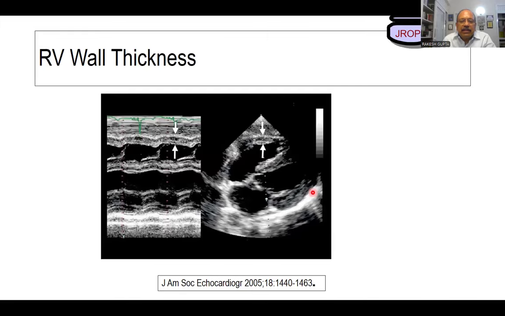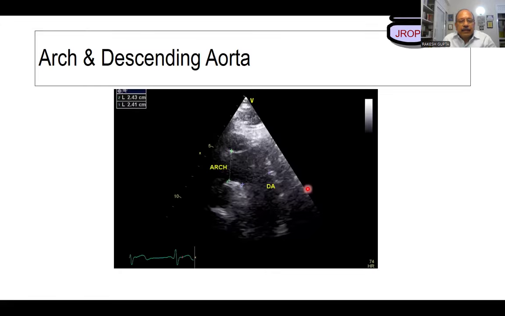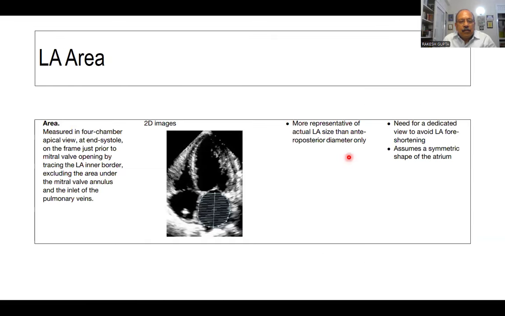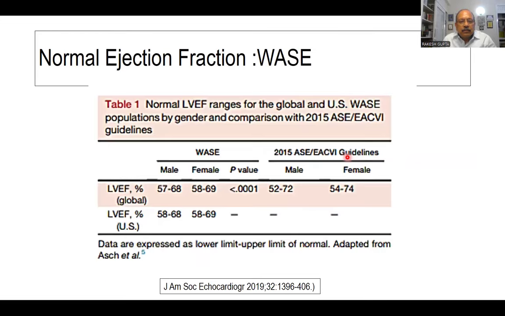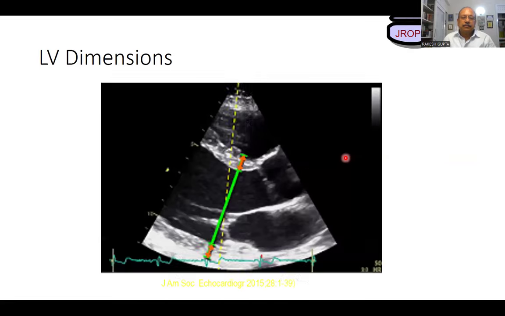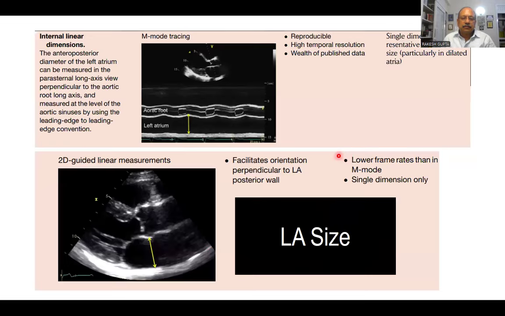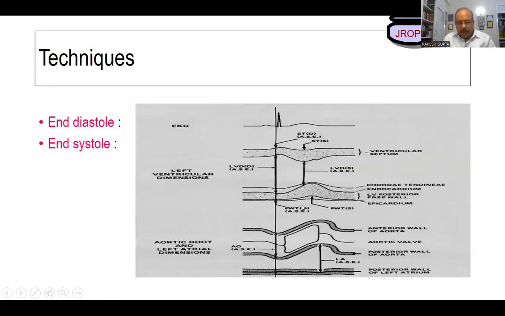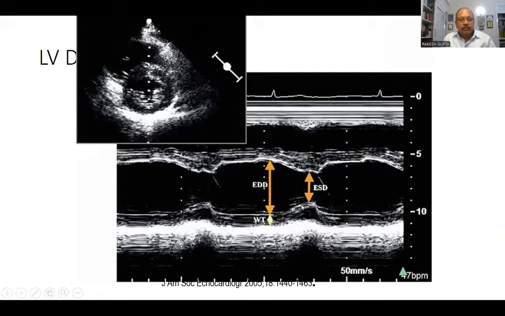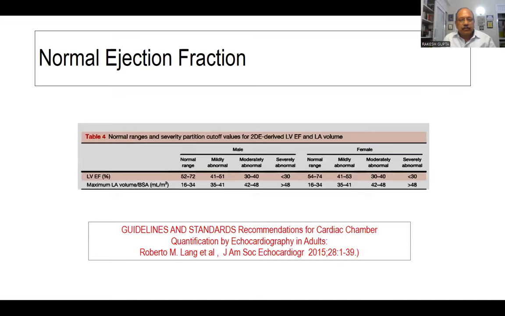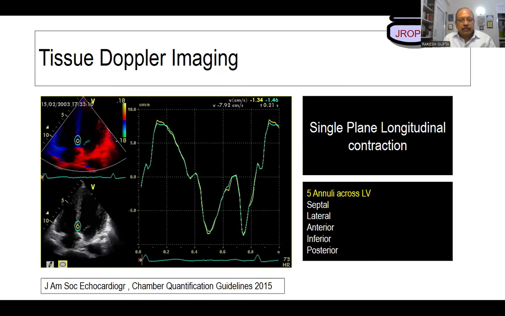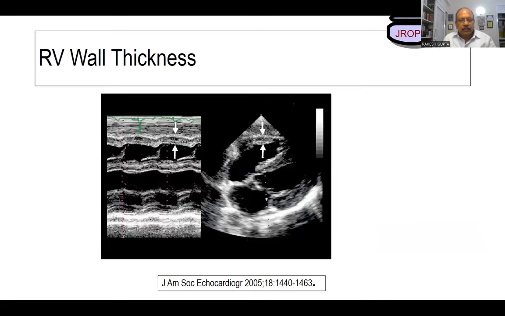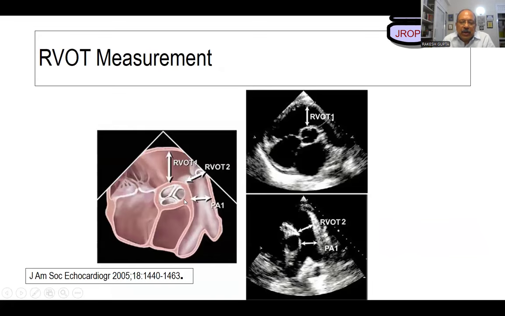So this is RV free wall thickness. This is the parasternal short axis view at the aorta.